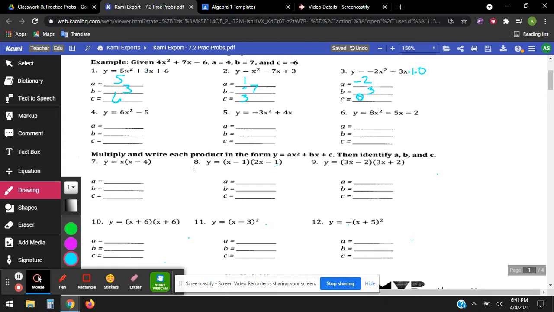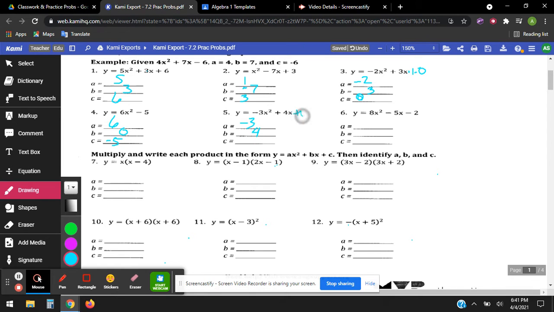Okay, down here for 4, we have 6 x squareds. I don't have any x's, so that's a 0 for the b, but I have a negative 5 for my c. All right, here looks like I have negative 3 a's for my x squareds. I have 4 x's.